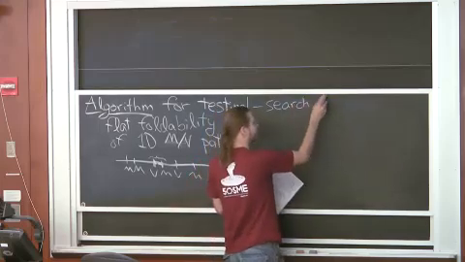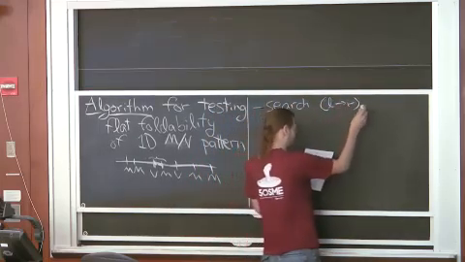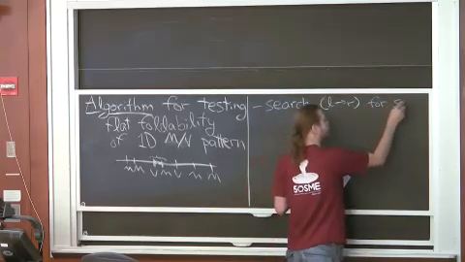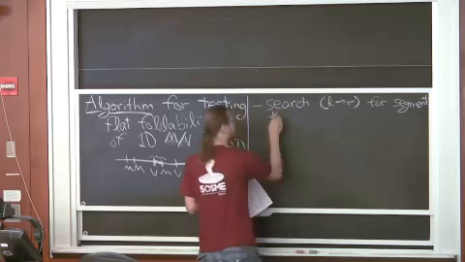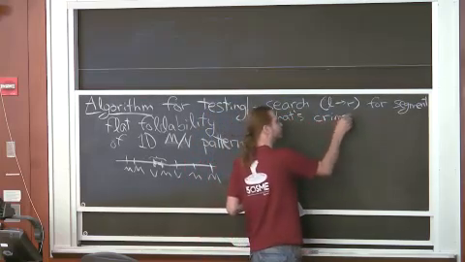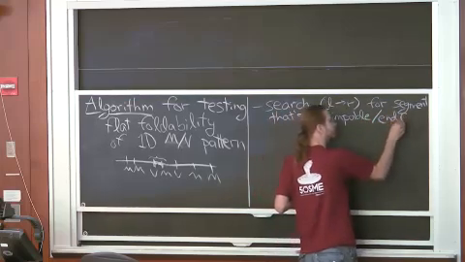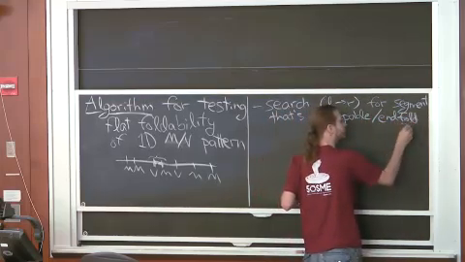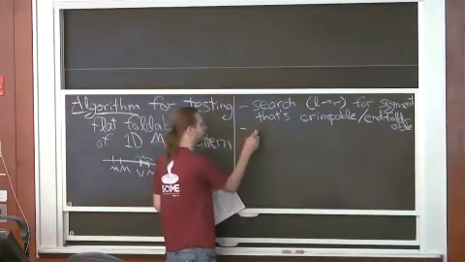So I want to search left to right for a segment that's either crimpable or end foldable. And there's two situations.